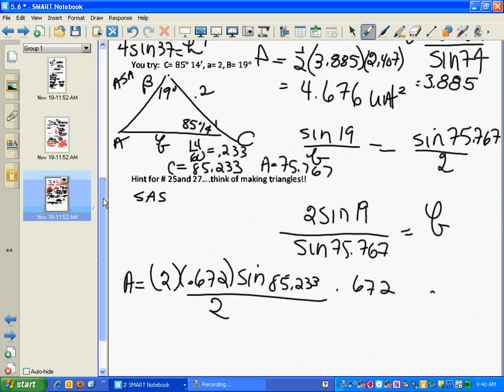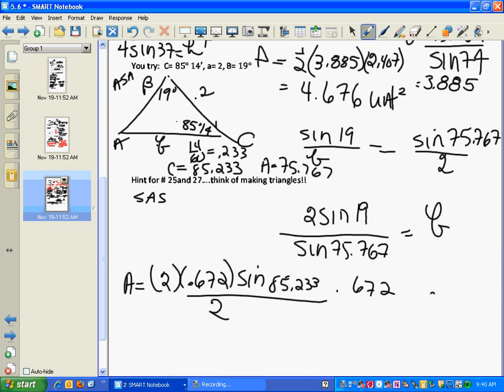But see, look at the sides. We're using these two sides. So that's the angle in the center. Better? All right. So times sine of 85.233. I got 0.669. All right, so we have 2 sets of homework to grade tomorrow.